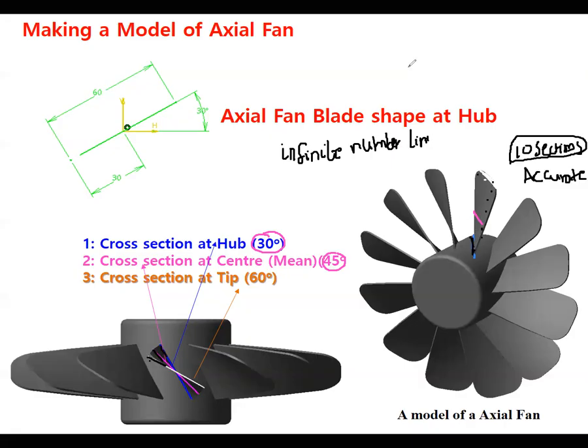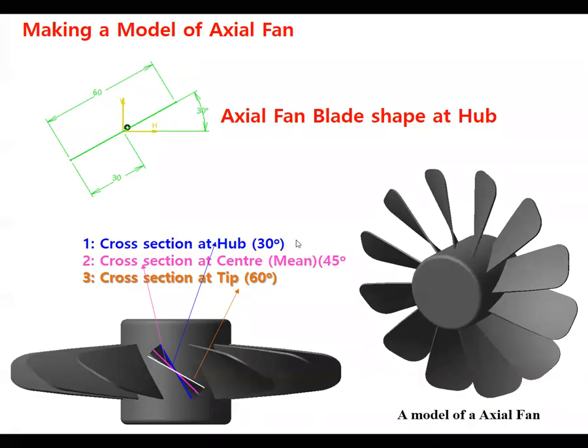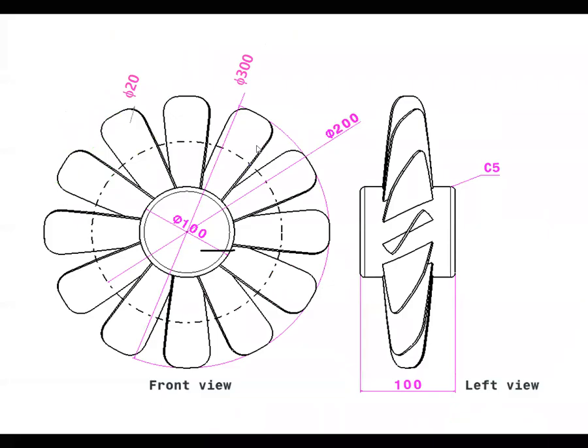Let's go straight into it. First, the hub radius. The diameter of the shaft is given as 100, so the hub radius is 50.